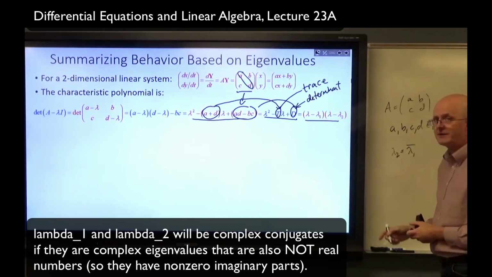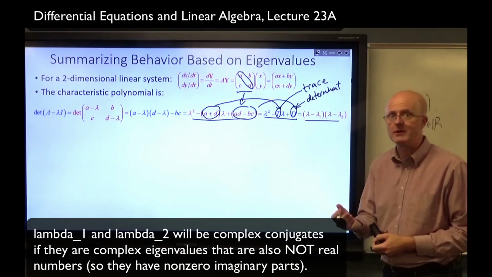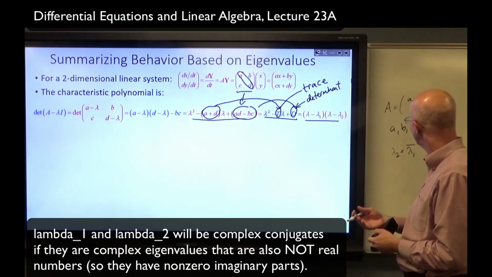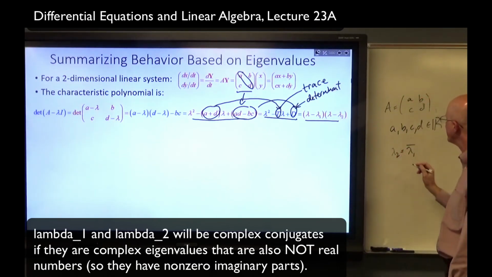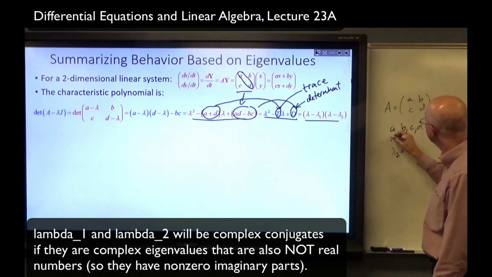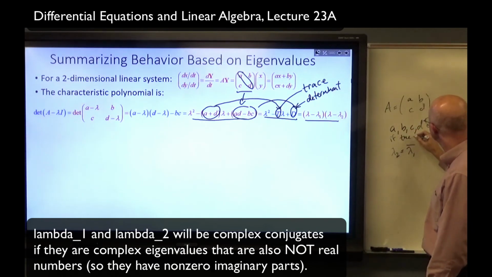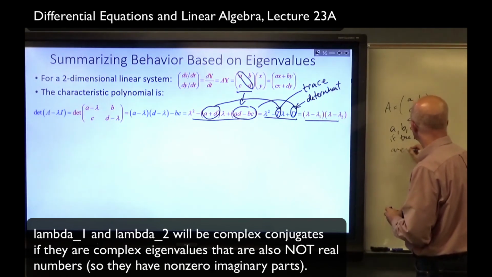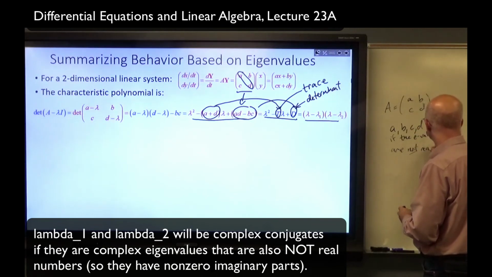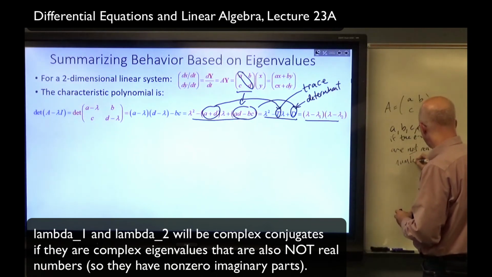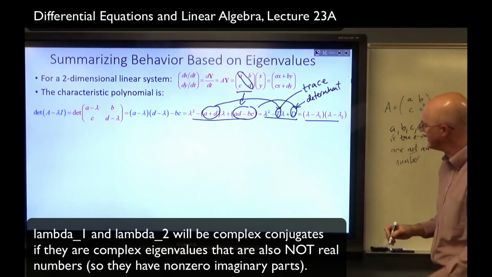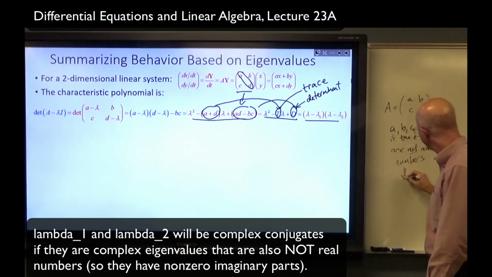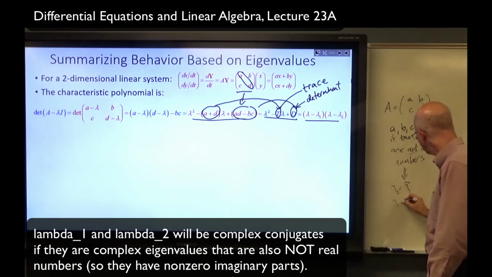That even technically works when they're real because the complex conjugate of a real number is itself, excuse me, no, it doesn't work. Sorry. If the eigenvalues are not real numbers, I mean, real numbers are complex numbers, but there's plenty of complex numbers that are not real numbers, then lambda 2 is the complex conjugate of lambda 1, and also lambda 1 is the complex conjugate of lambda 2.